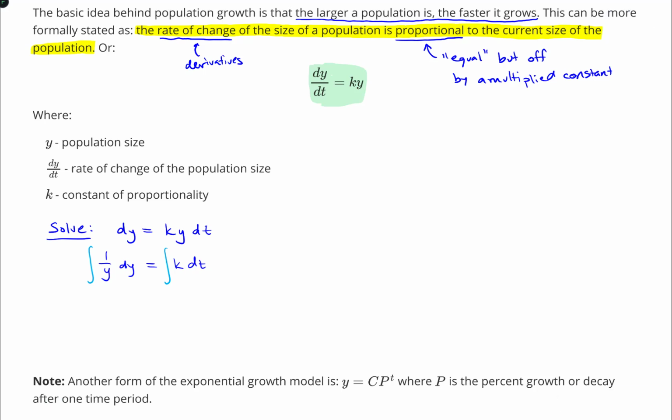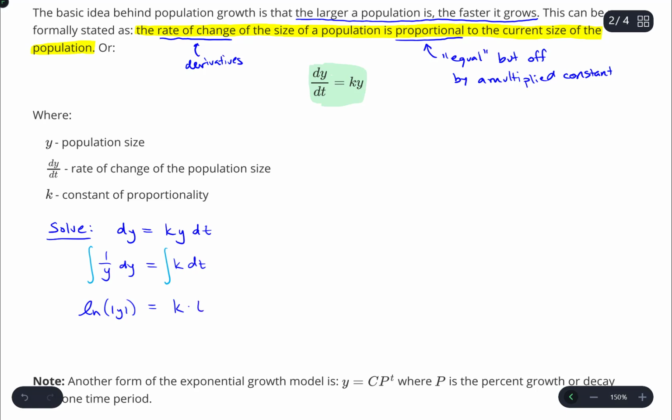So when I integrate 1 over y with respect to y, that's a natural logarithm. So the natural log of the absolute value of y. And integrating a constant, that just ends up being the constant itself times the variable of integration, and then this could be plus some arbitrary constant c.